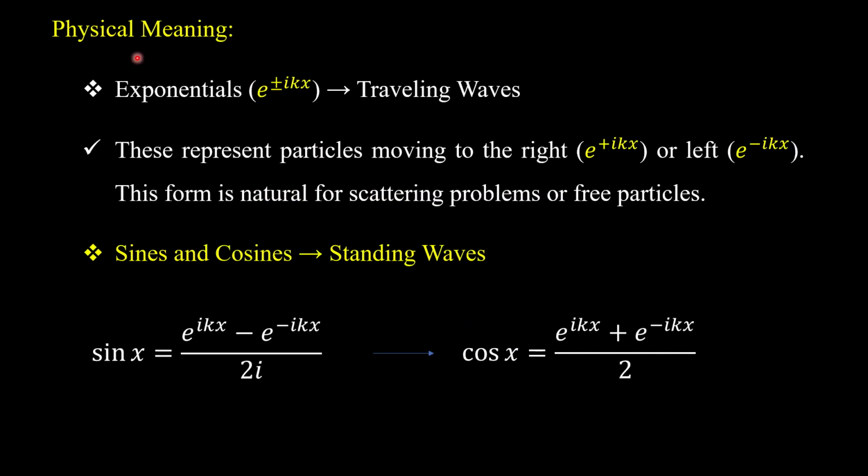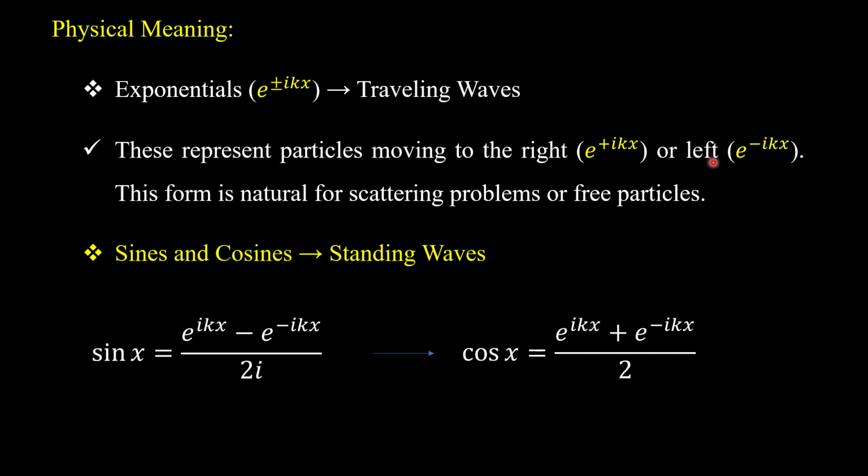Now we will see the physical meaning of this. The exponential e^(plus or minus ikx) is a traveling wave. This represents the particle moving to the right, that is e^(plus ikx), or to the left, e^(minus ikx).